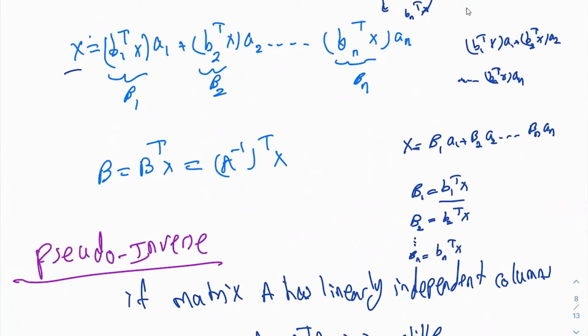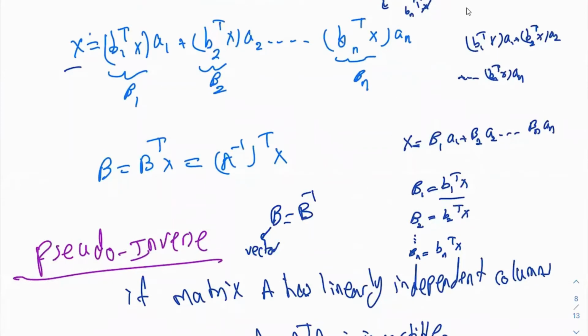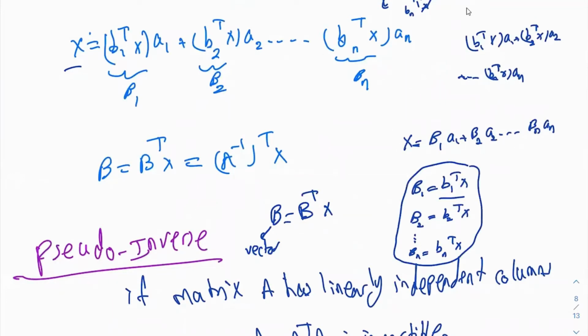I said this B1 transpose, B2 transpose, all the way to Bn transpose, they are like rows of matrix B, right? So in a sense, you can group them and write the vector of beta is equal to B times X. Just write what I have here in a matrix vector notation.